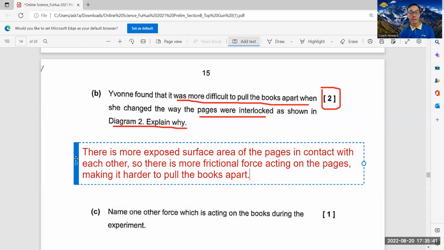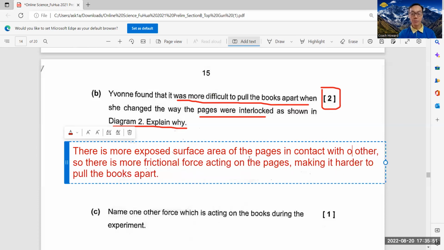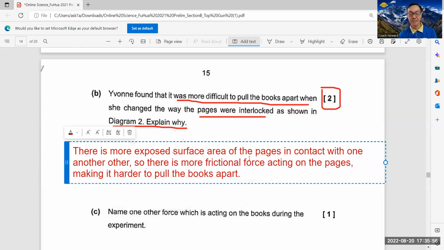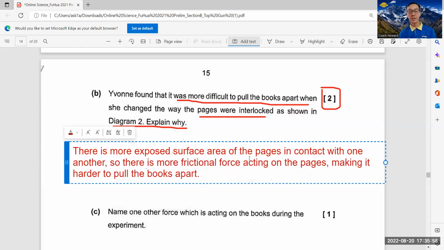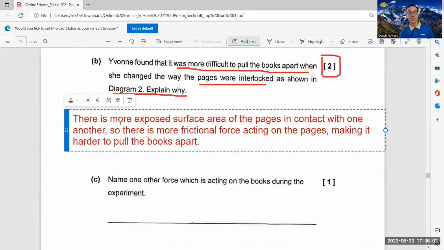Actually, to be more correct, it should be with one another, right? Because more than one. In English, you all know, right? Each other is 2 only, because here there are more than 2 pages. So I changed the word.